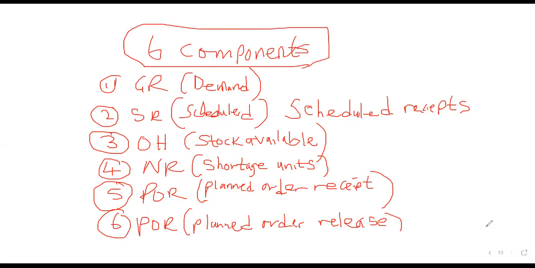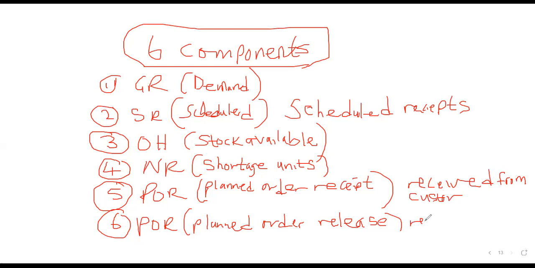So now, the planned order receipt is an order received from a customer. So an order receipt is one that comes from a customer. Then you release an order to a customer.